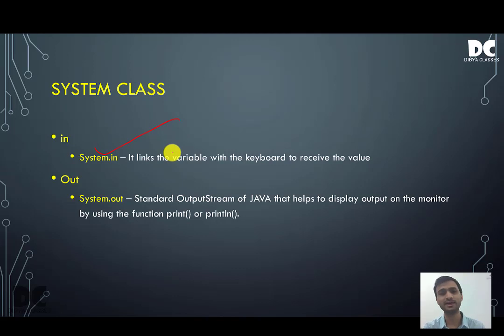System.in links the variable with the keyboard to receive a value. In simple layman's words, it helps to take input from the keyboard. If I want to give a number, you will type that number on your keyboard. System.out helps to print by using the functions print and println.